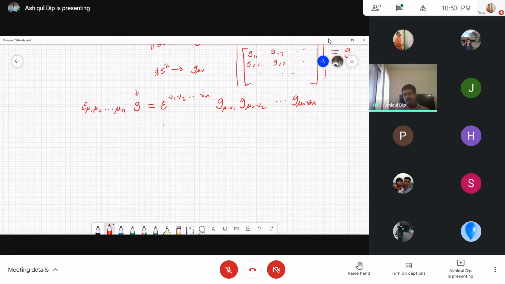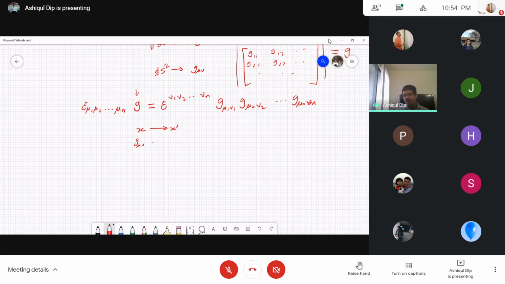Now we are actually more interested in seeing the coordinate transformation, because we want to connect the metric tensor with the Jacobian. When the metric is defined, the Jacobian is connected to the metric tensor. So that's what we want. Say you go to another coordinate system. Instead of the X coordinate system, now you go to the X prime coordinate system. Previously, in the X coordinate system, the components of the metric tensor were g mu nu.